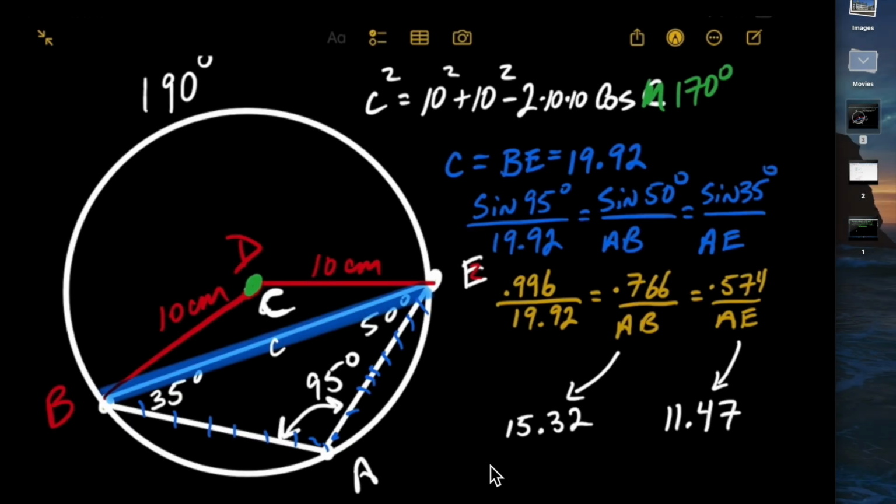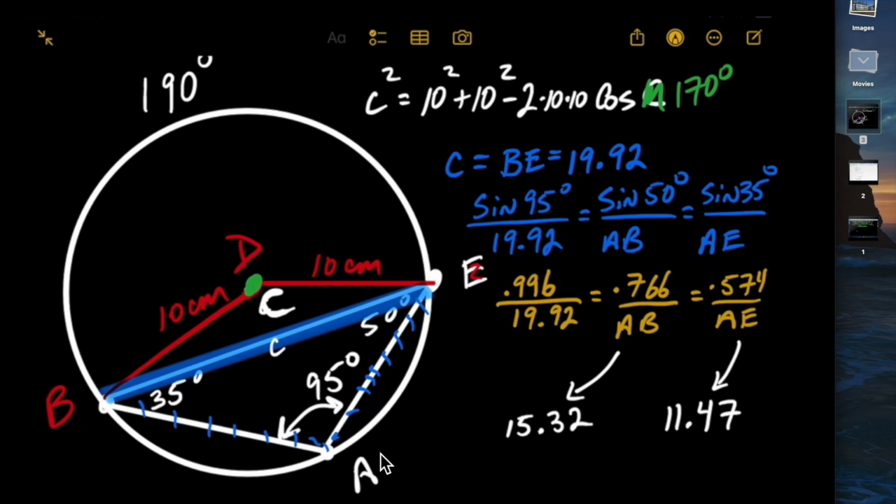When we do the numbers and place all the calculations in the calculator, we get the length of 15.32 for AB and approximately 11.47 for AE. So now we have all our three sides.